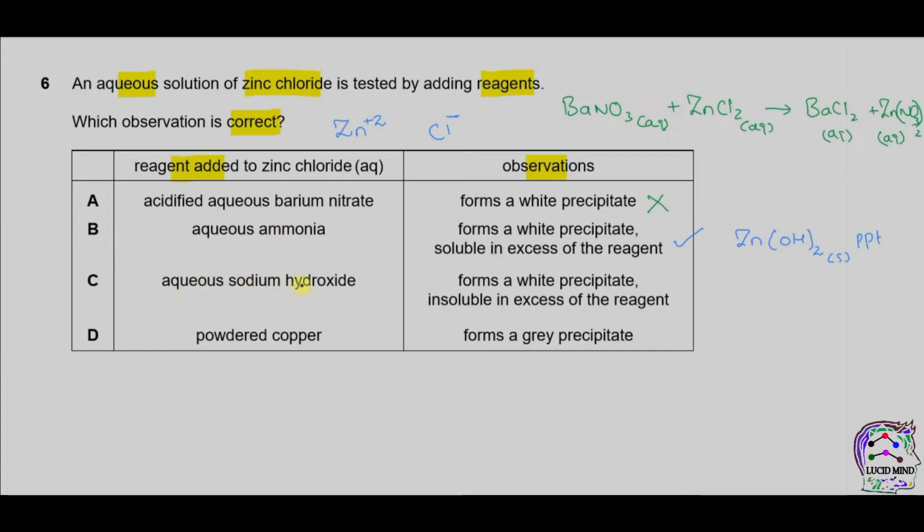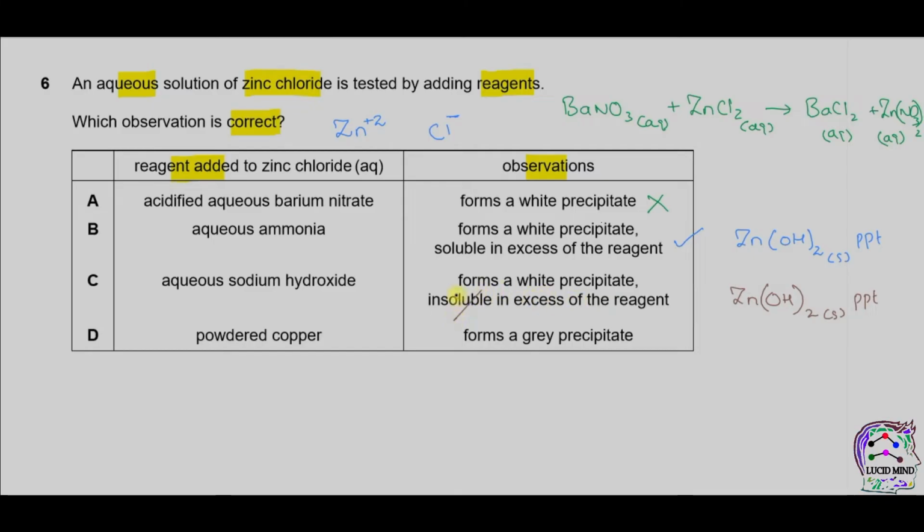Option C. Aqueous sodium hydroxide and it forms a white precipitate insoluble in excess of the reagent. Now aqueous sodium hydroxide will form zinc hydroxide with zinc chloride and zinc hydroxide is a white precipitate. So the first part is correct, but the second part says insoluble in excess of the reagent.